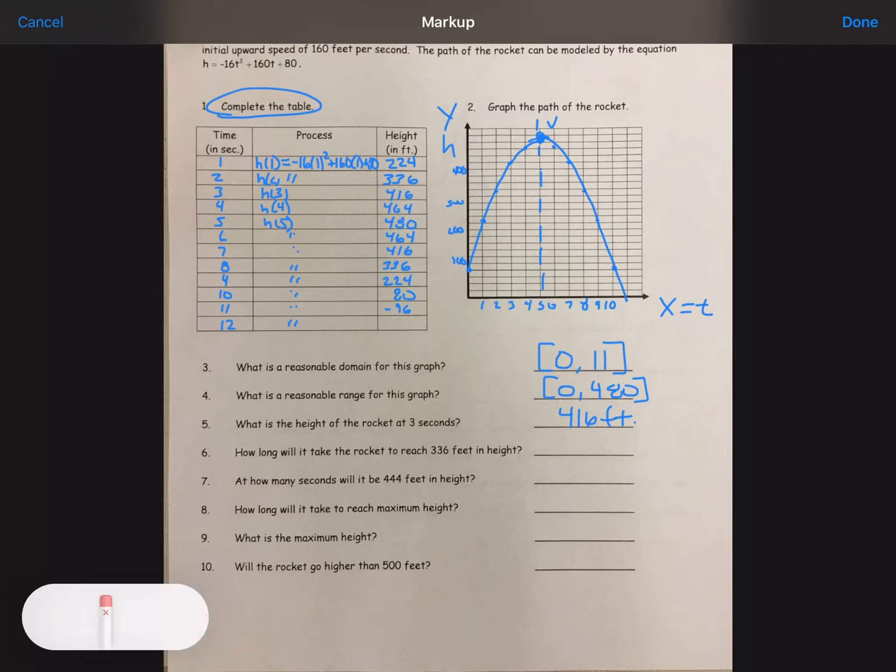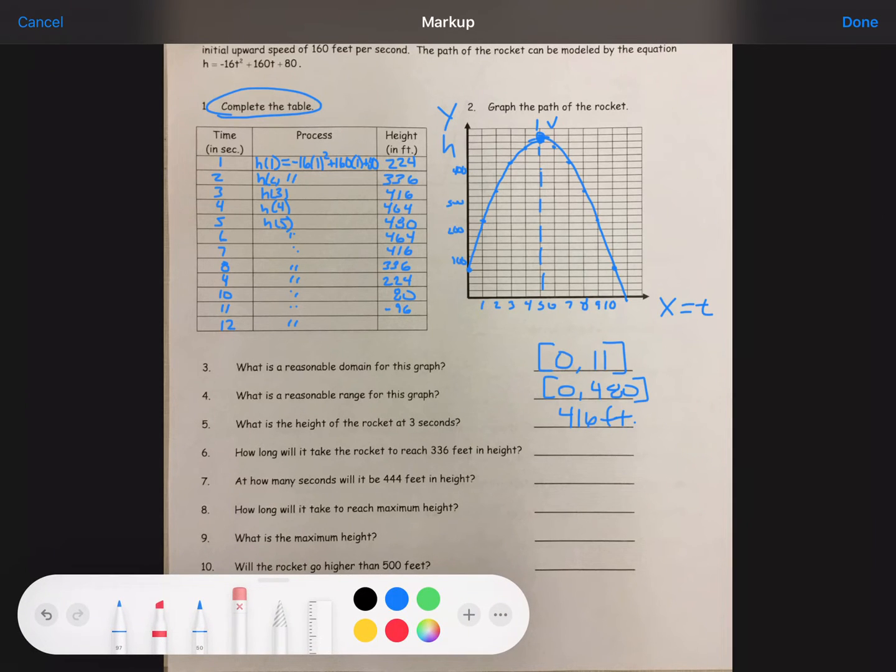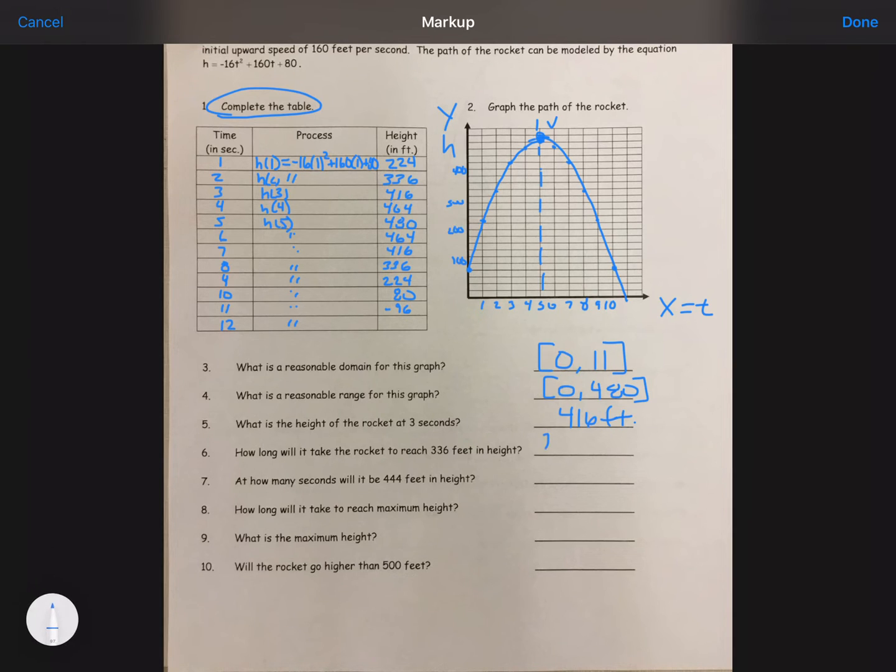Alex, how long does it take to get to 336 feet? 6, 8 seconds. And what else? What's the first time it reaches 336? 2 seconds. Yeah, we have 2 seconds and 8.